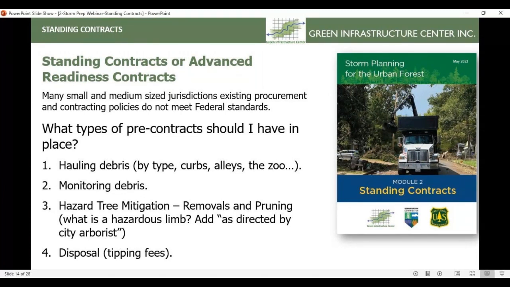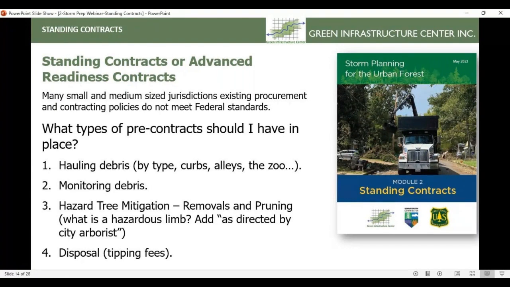So it's a truck with a trailer and a grapple that's mounted between the two buggies or the two trailers. They go along the street, and it's a very efficient operation. They pick up debris that's curbside and throw it in the back of the truck, and when it's full, they go dump it and come back.